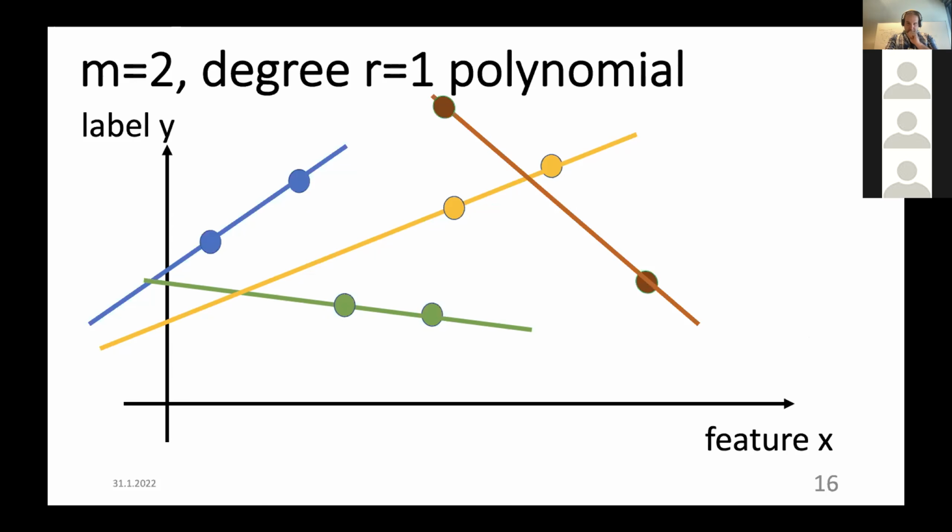So when you look at the polynomial of degree 1, you can perfectly fit almost any data set of size 2, unless these two data points are on top of each other on the horizontal axis.